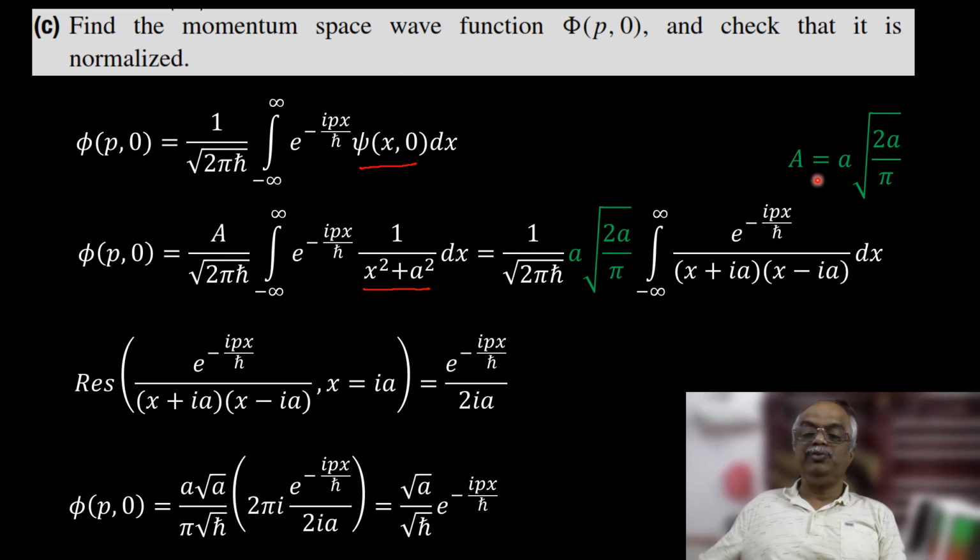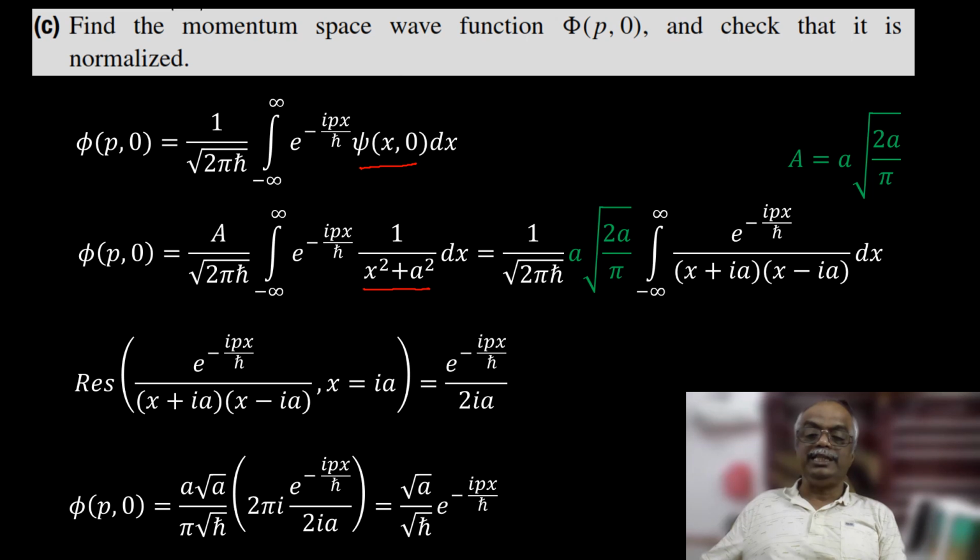We know the normalization constant is the square root of 2a divided by pi. We can rewrite x squared plus a squared as x plus ia times x minus ia. Now you can do the residue integration, that is contour integration.